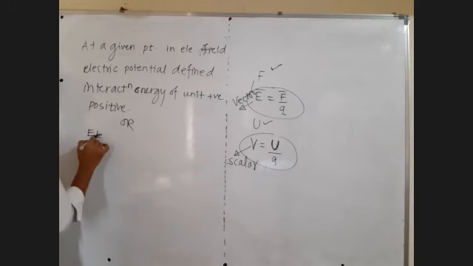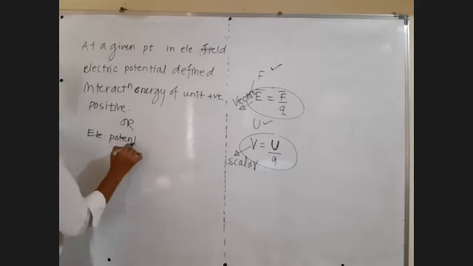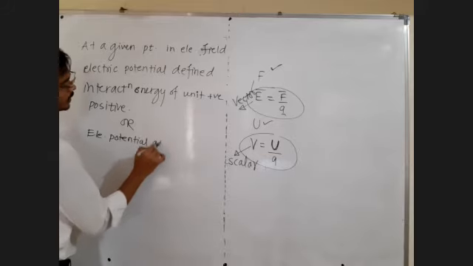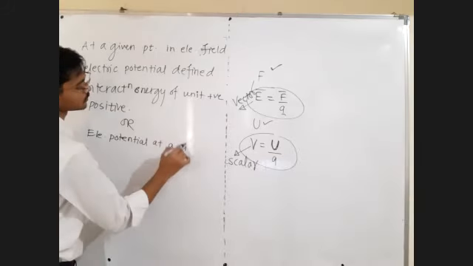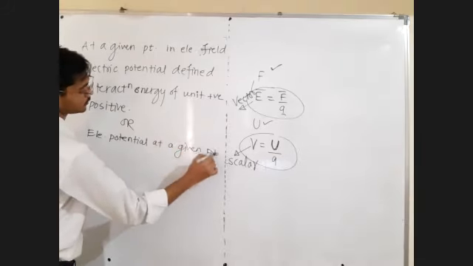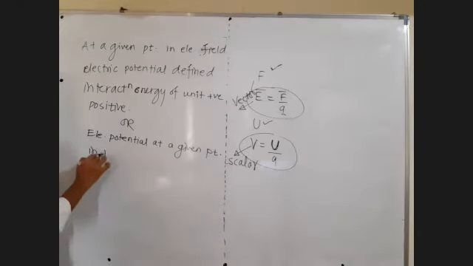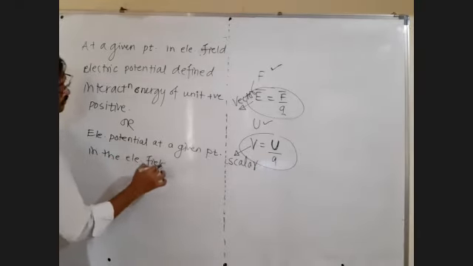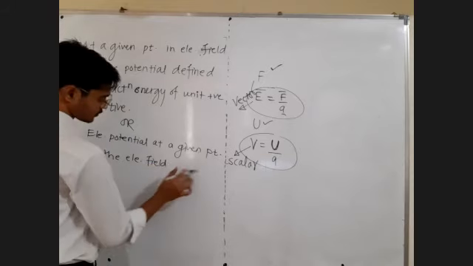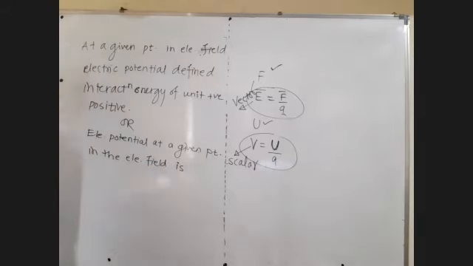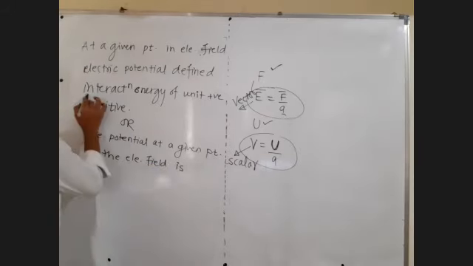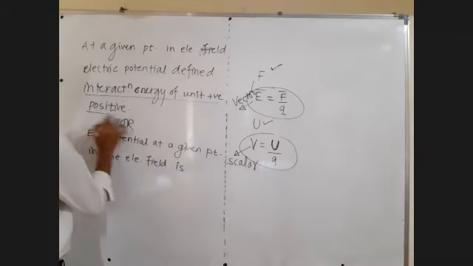Electric potential, or simply potential, at a given point in the electric field is the interaction energy of a unit positive charge.